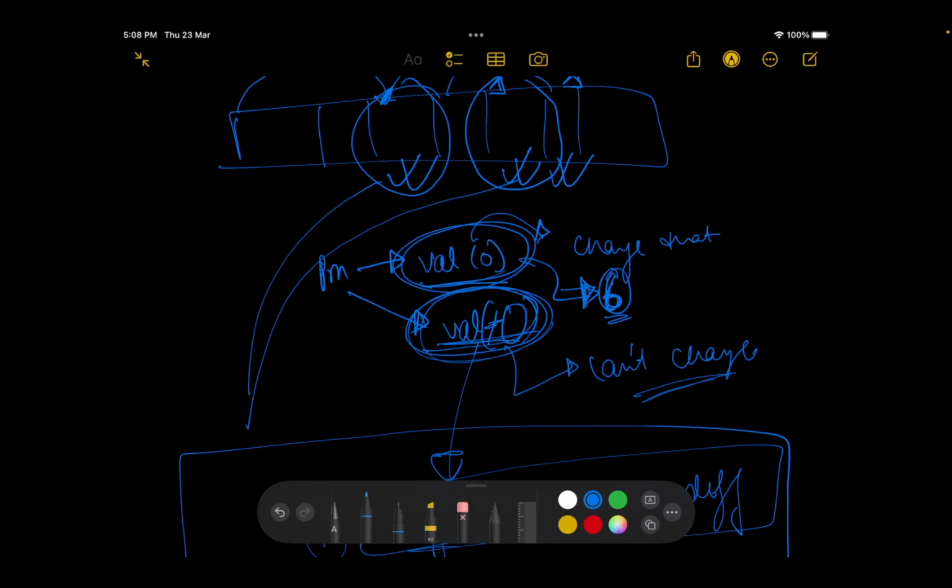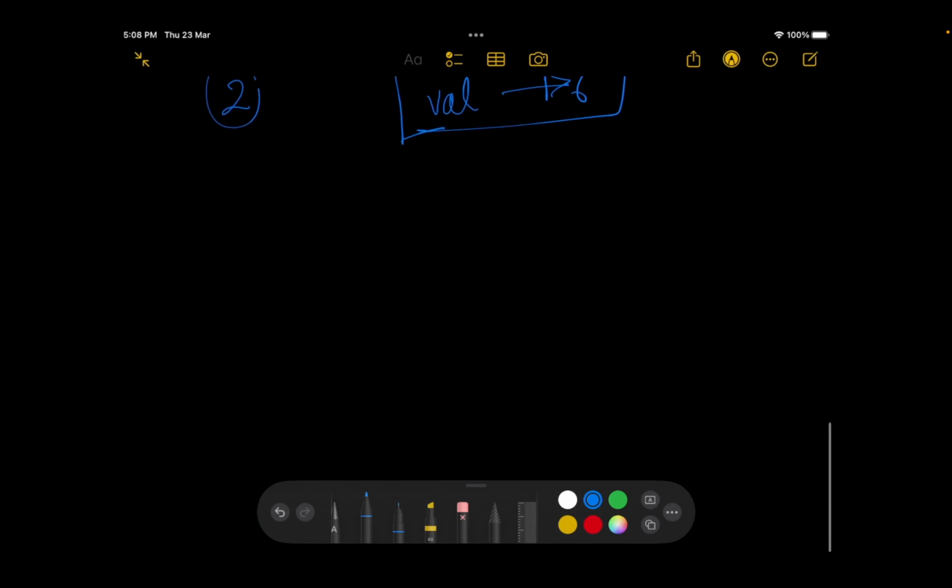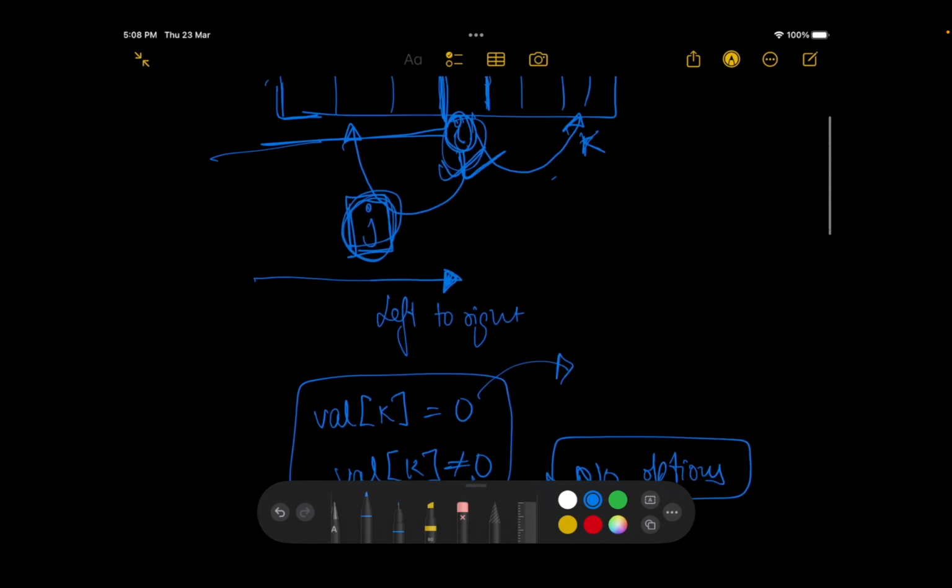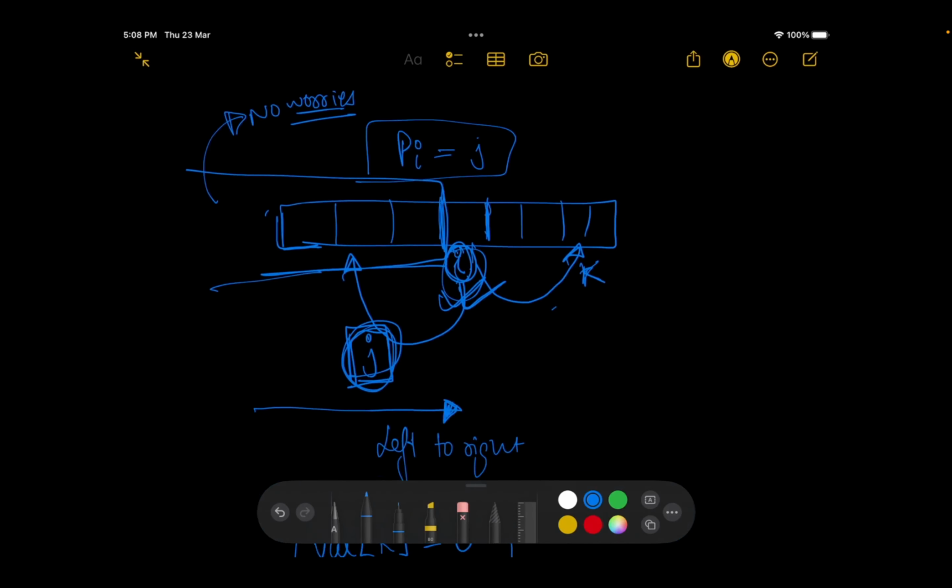So what are the values that we can change? The values that we can change, or put anything over there, would be the ones where you have a value 0 which is not important. We define the important values as the values at which some other value was depending.